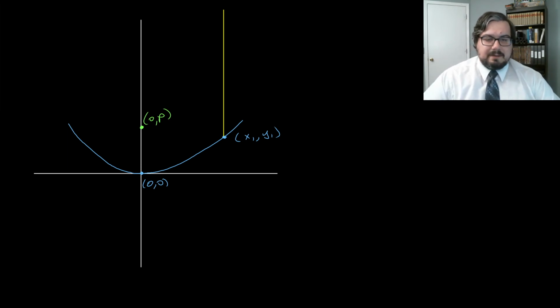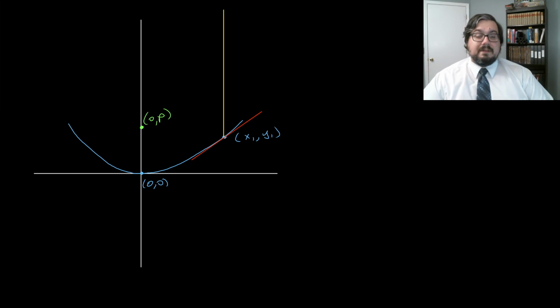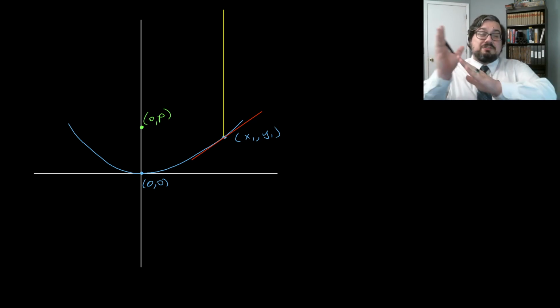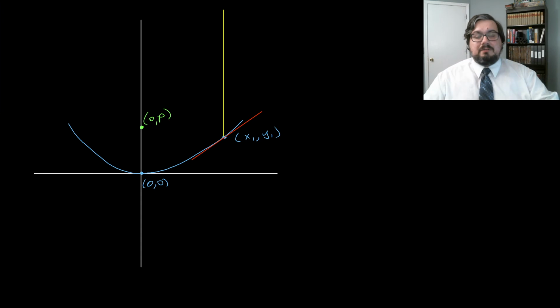Physics gives us an answer here, and it tells us that if we set up a line here that is just tangent to the curve of the parabola, meaning it just barely touches the parabola in one point and matches the instantaneous slope of the parabola at that point, then it's going to reflect off in such a way that the angle formed between the incoming signal and the red line is going to be equal to the angle after it bounces off.